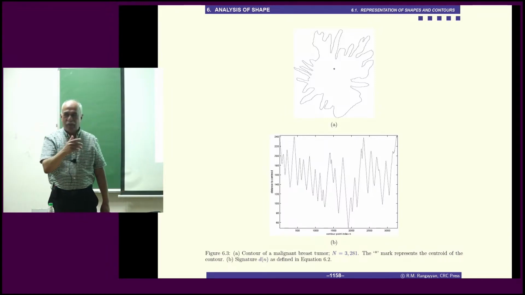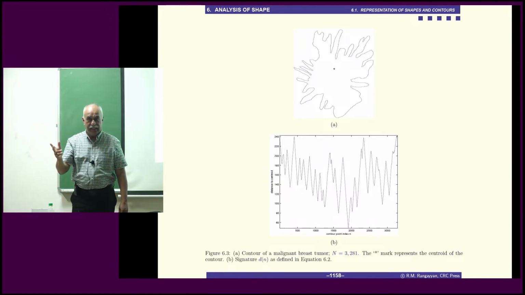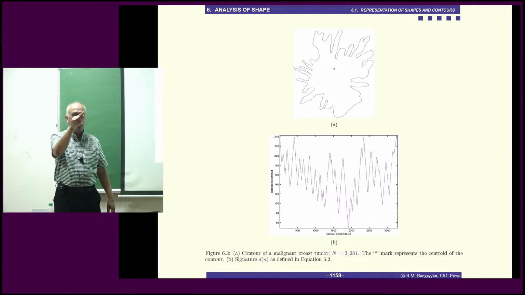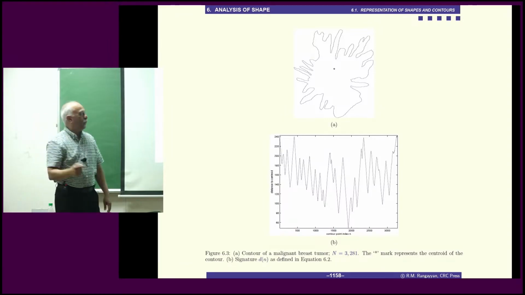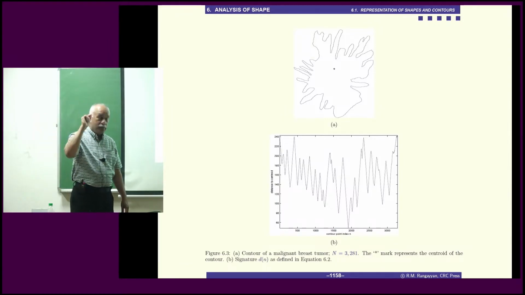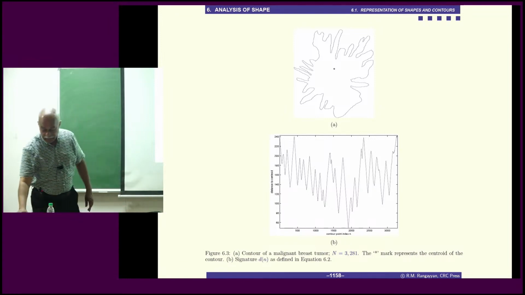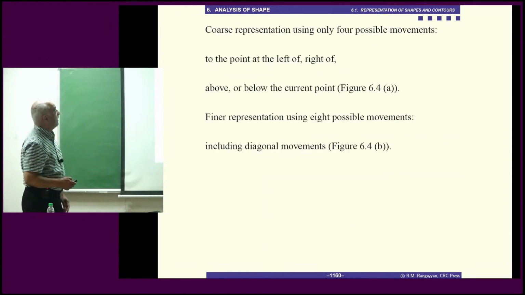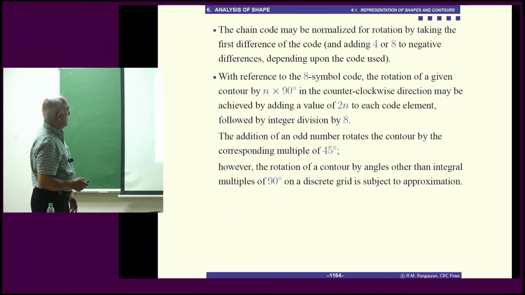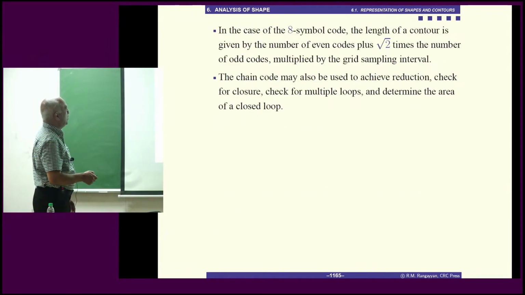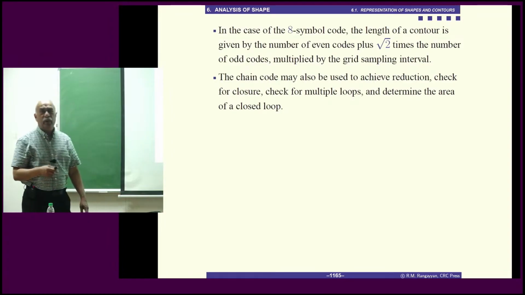And we need to get rid of all of that and clean the contour before further analysis. So it is one closed loop. You don't want it backtracking and having these little protrusions or loops. So the Freeman chain code can facilitate checking for multiple loops and also get the area and so on.